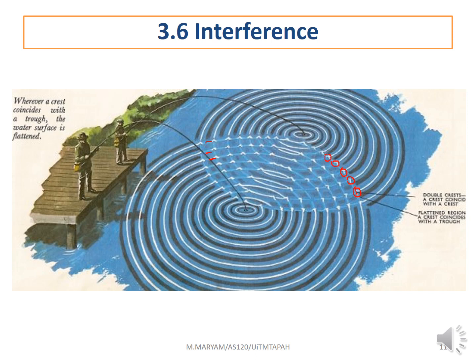Flattened regions are here, here, here, and here, where a crest coincides with a trough. Understand, class? There are two types of interference: it will either flatten or become a double crest.